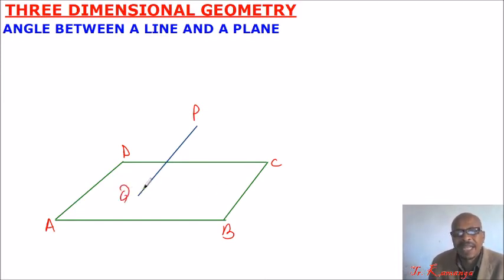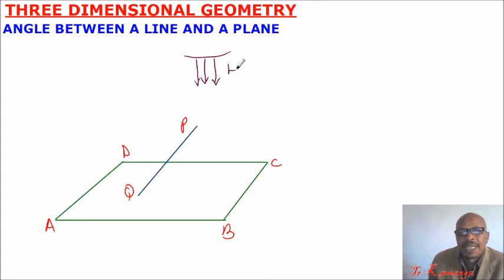One end of the line is lying on the plane. So we have a plane ABCD, and we have a line PQ whose one end touches the plane at a certain angle. Then we will put a light here to shine on this line. So this is the light.